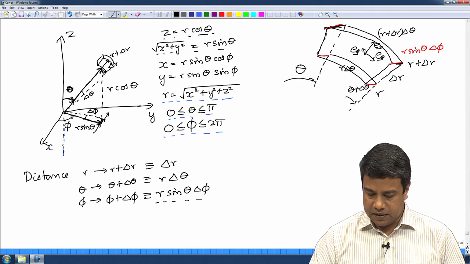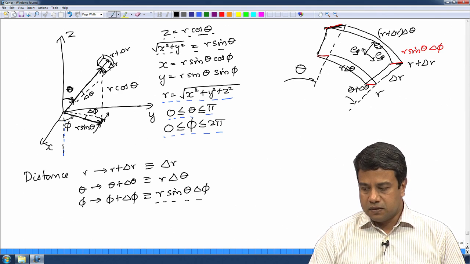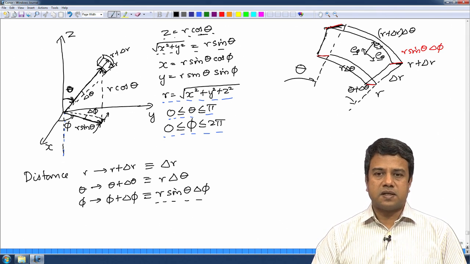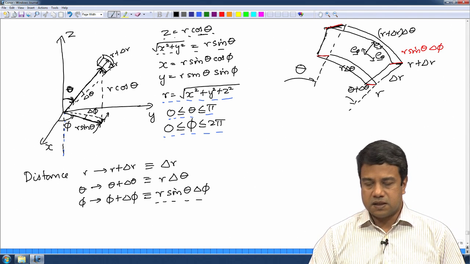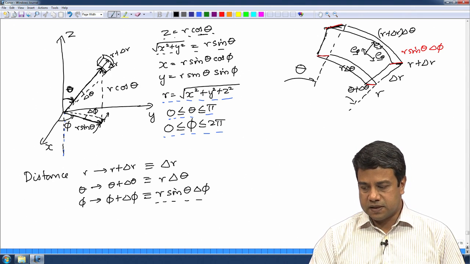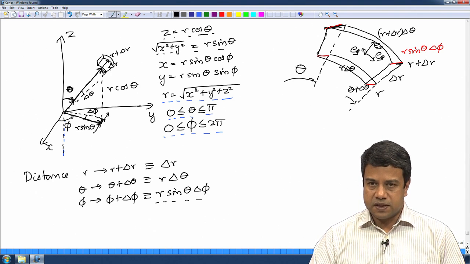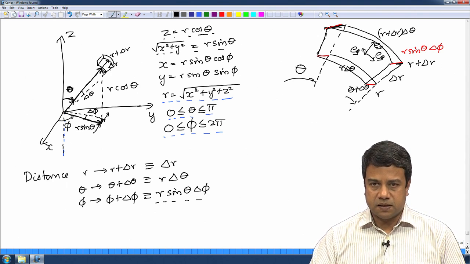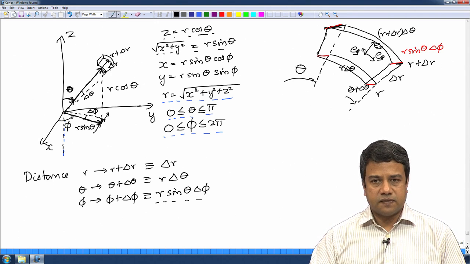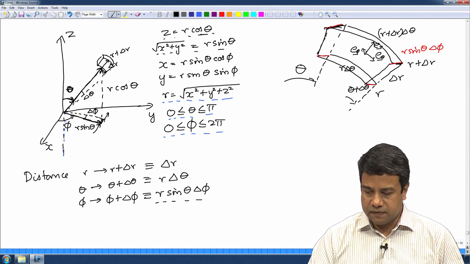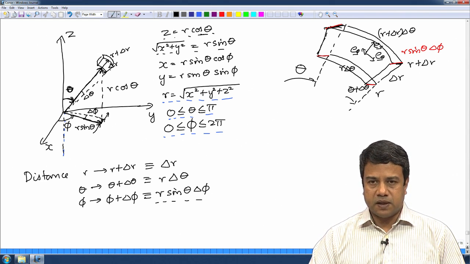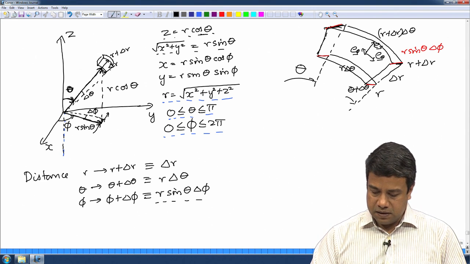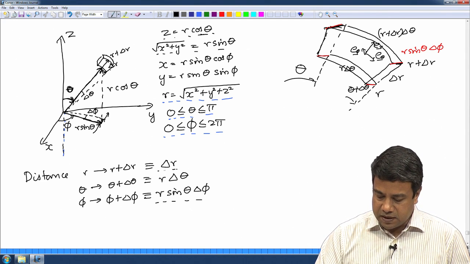In this case, you choose a coordinate system in which the surfaces are surfaces of constant coordinate. So, there has to be one surface at r and one surface at r plus delta r, one surface at theta and the other at theta plus delta theta, one surface at phi and the other at phi plus delta phi. Along the r direction, if you increment by a small distance delta r, the actual distance moved is delta r itself.